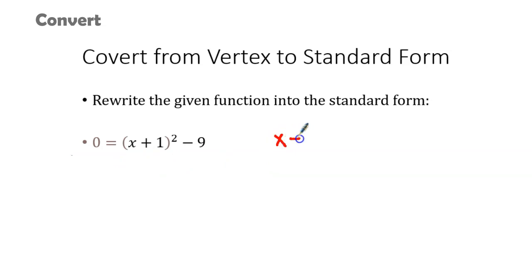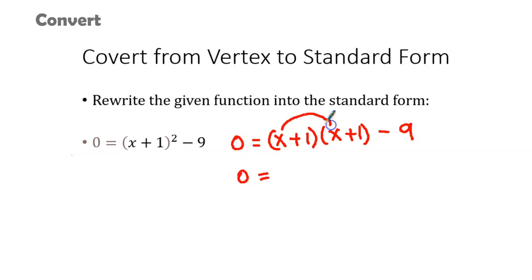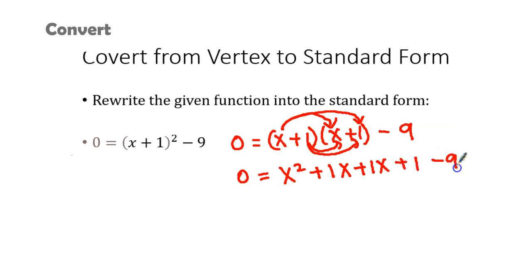write it repeatedly. x times that, x squared, x times 1, 1x, 1 times that, plus another 1x. You could have written x, but I want to keep the 1 so that you won't get confused. 1 times 1, 1, 1 is 9. Write your x here.